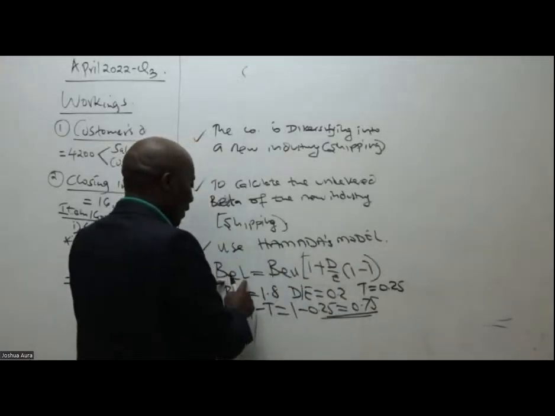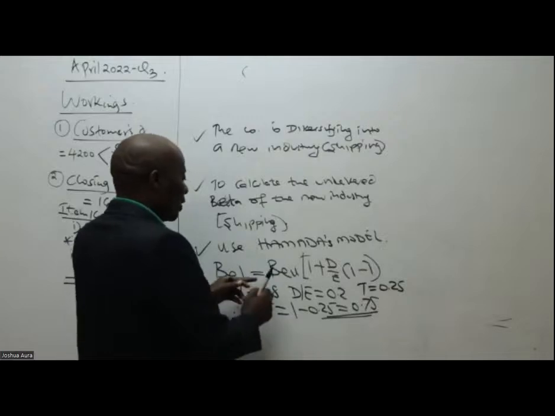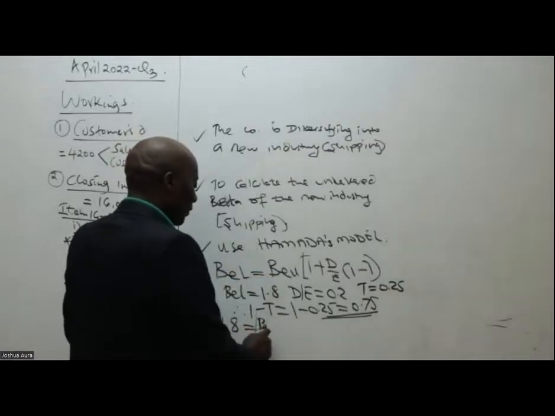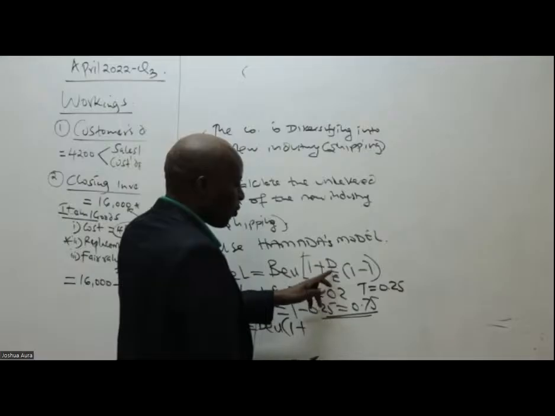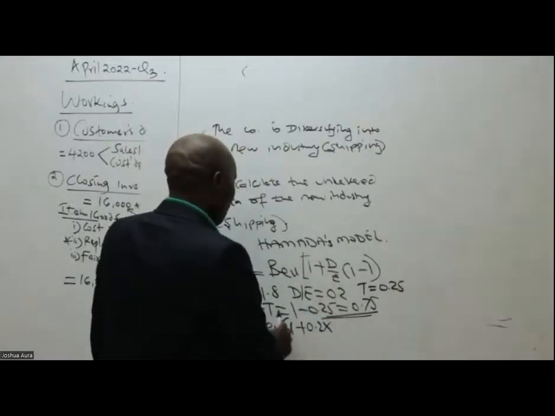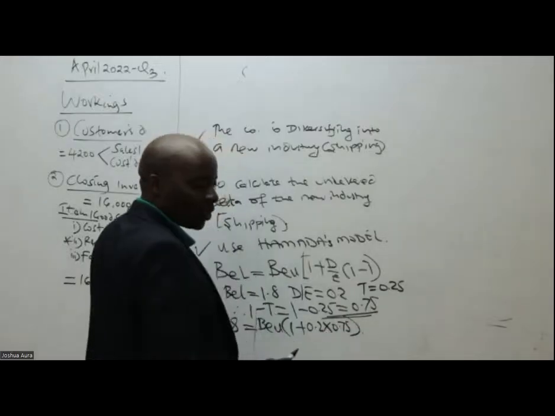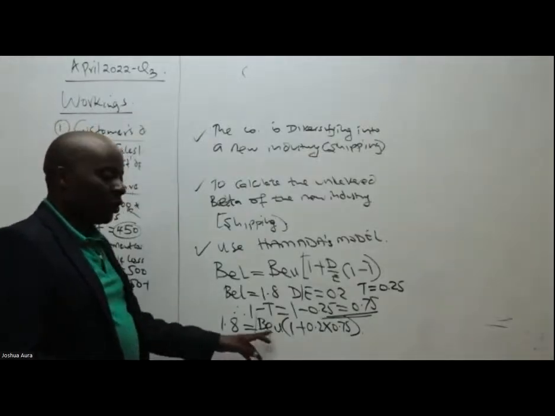So beta equity of a levered firm here will be 1.8, equals beta equity of unlevered into 1 plus debt to equity. Debt to equity is 0.2, multiplied by 1 minus tax, which is 0.75. So please go slowly until you give me beta equity of the unlevered firm.